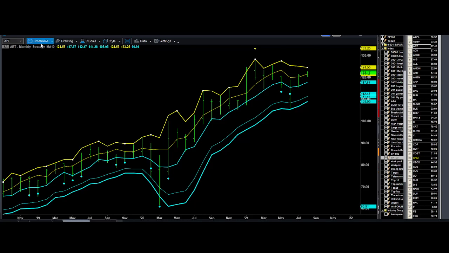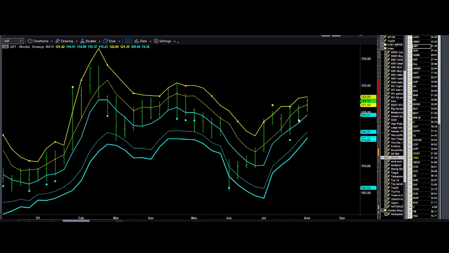If you go to the weekly chart, you can see that it also tracks the stock fluctuation, and this model will track the changes of a stock price between different bands or different regions, the low price region or the high price region.